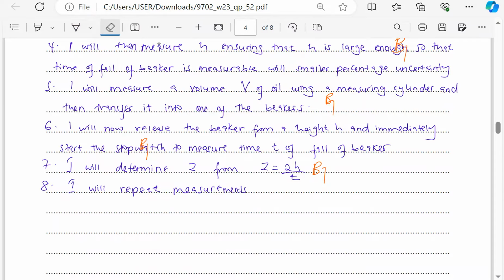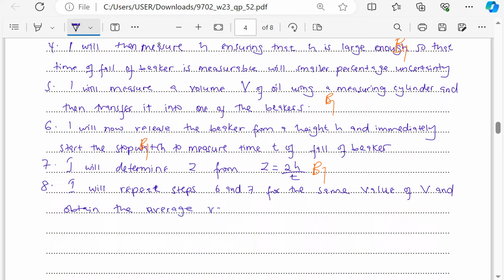No, I'll repeat steps 6 and 7 for the same value of v, and obtain the average value of z.